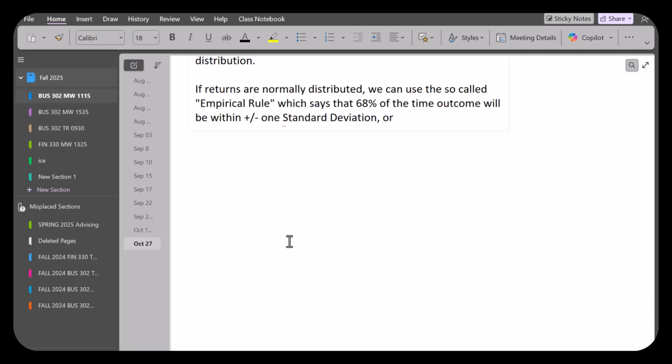Or about 95% of the time within two standard deviations, and 99.14% of the time within three standard deviations.